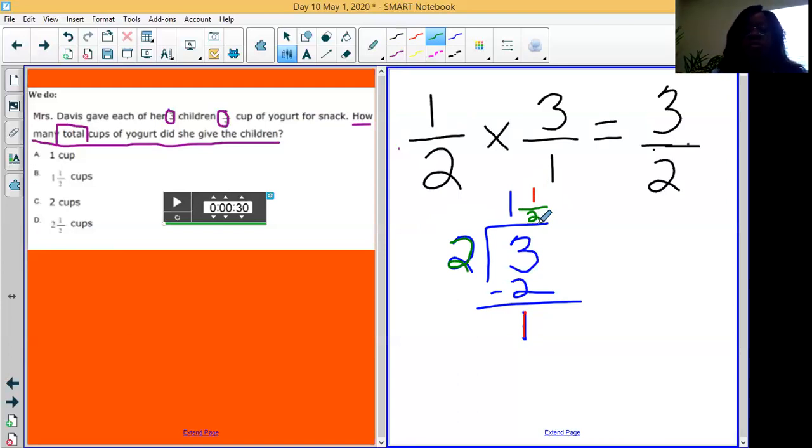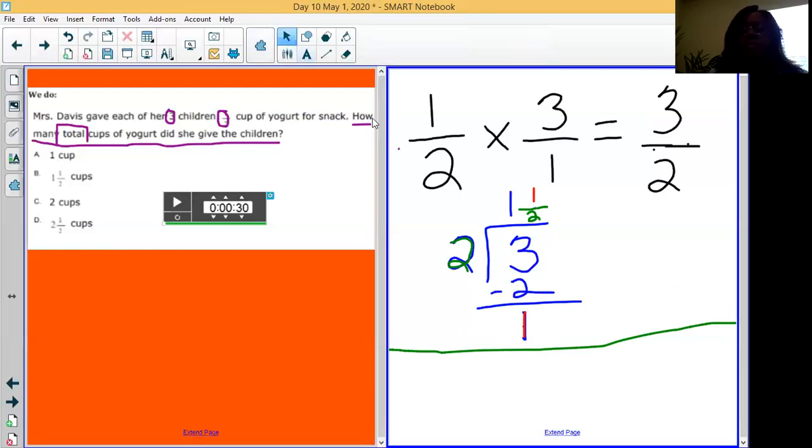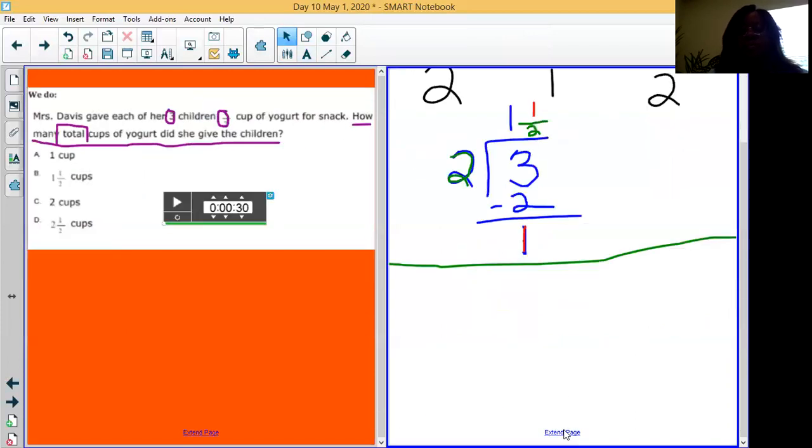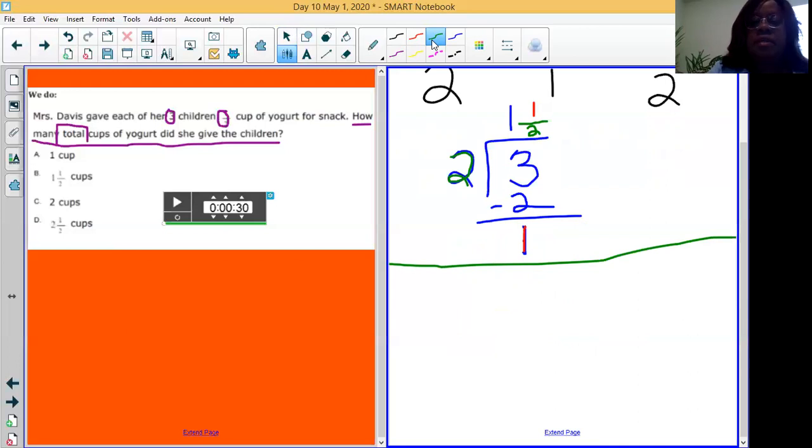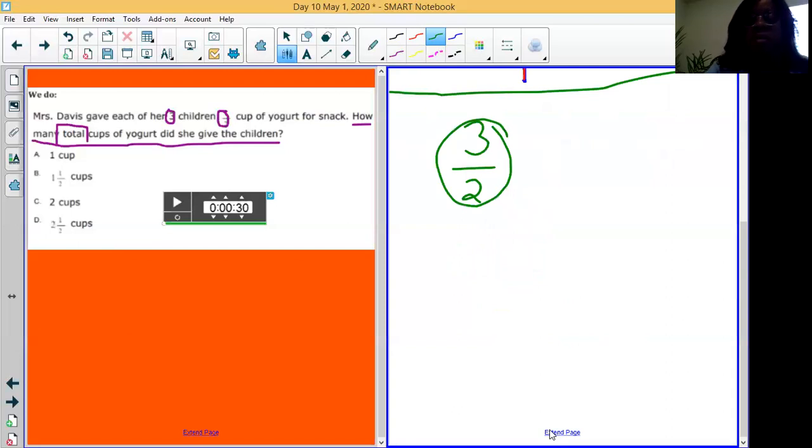All right, let's go over our other 2 strategies for this problem. Here's a second strategy in case that one doesn't work for you. Here's another way I can reduce 3/2. I can take my 3/2 and put it in a number bond. Remember, my denominator in this problem is 2.